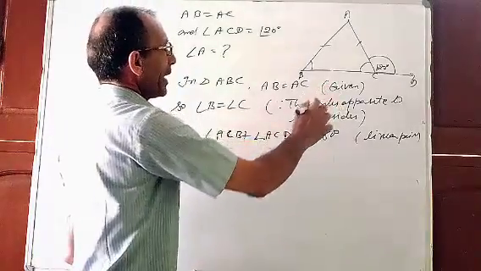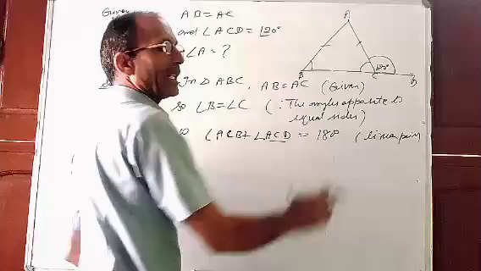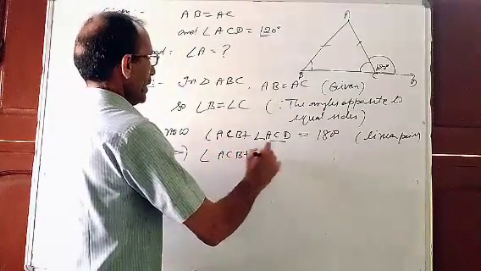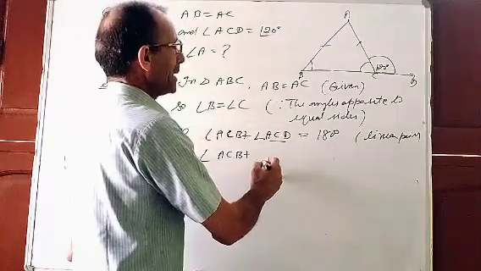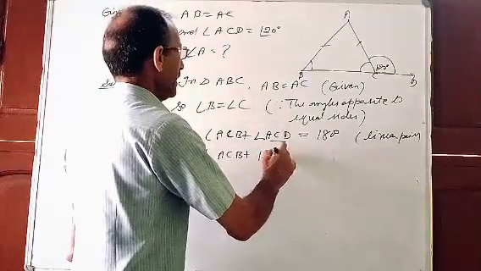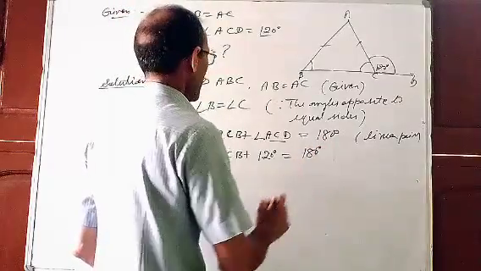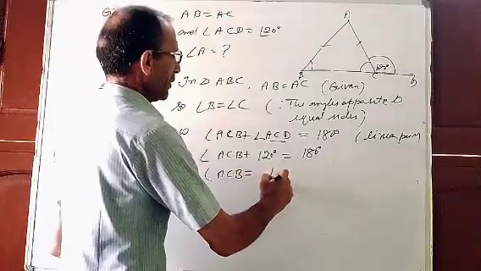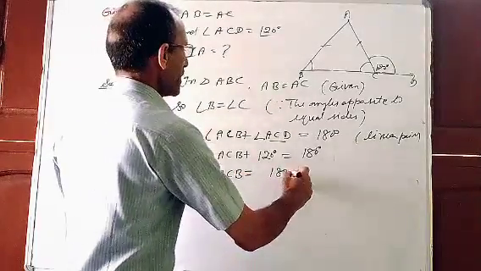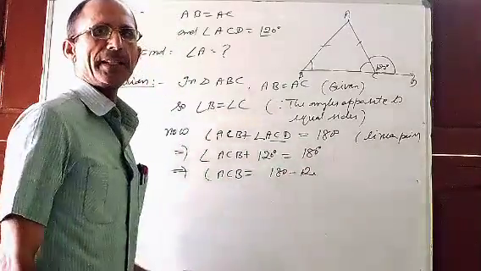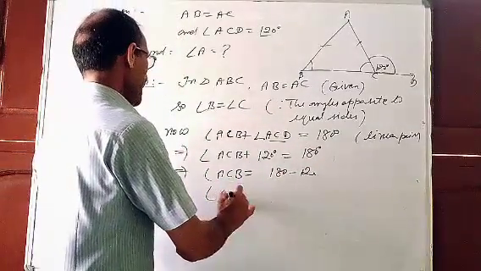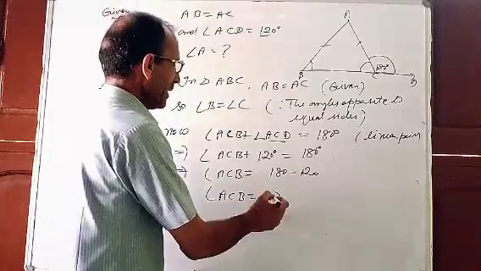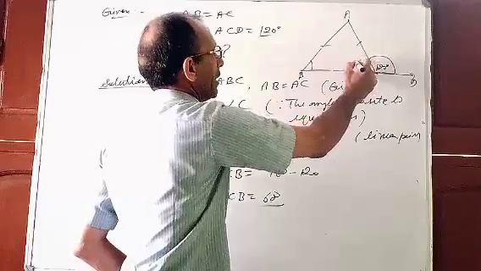Now ACD is given. What is the measure of ACD? 120. So ACB plus 120 degrees is equal to 180. So ACB is equal to 180 minus 120, shifting 120 to that side. So angle ACB is 180 minus 120, which is 60 degrees.